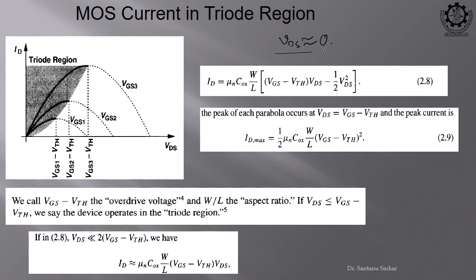If you consider that VDS is very small and neglect this, your expression becomes mu n Cox W by L (VGS minus VTH) into VDS, is it not? So, what is that? Deep triode region. So, our expression is ID equal to mu n Cox W by L [(VGS minus VTH) VDS minus half VDS square].